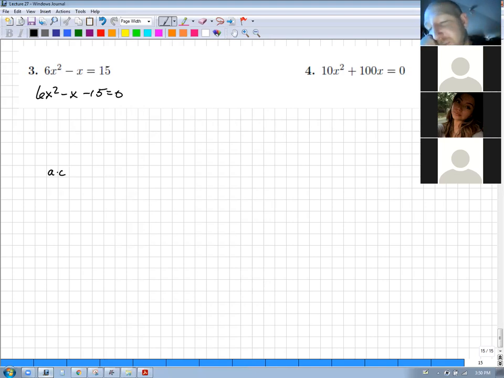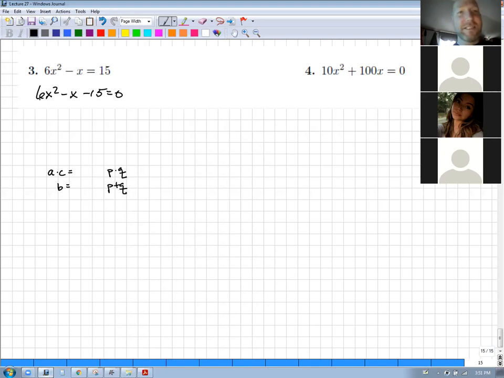See if I can remember the PQ trick. What do we need? a times c and b. This would be p times q, and this would be p plus q. Is that right? Do y'all remember this trick? It was really familiar. All right, let's see. But I'm not sure.